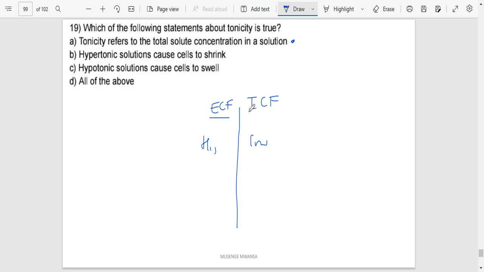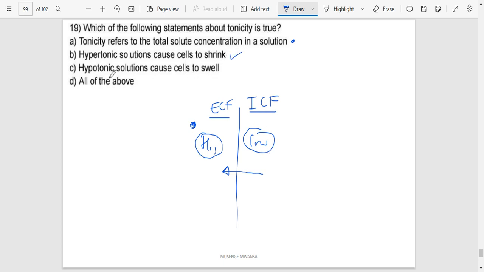ECF is going to be hypertonic, and ICF is not, because we're talking about hypertonic solutions, meaning that the concentration is higher than the concentration in the cell. So this is concentration, not water potential. Because the concentration here is high, we want to dilute that concentration. What is going to happen? Water is going to be moving from the cell going in this direction. So the cell is going to be shrinking.